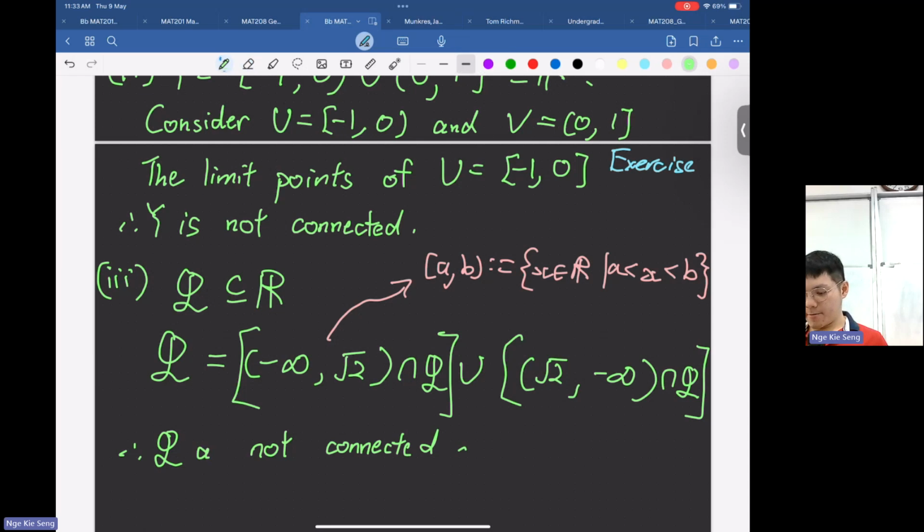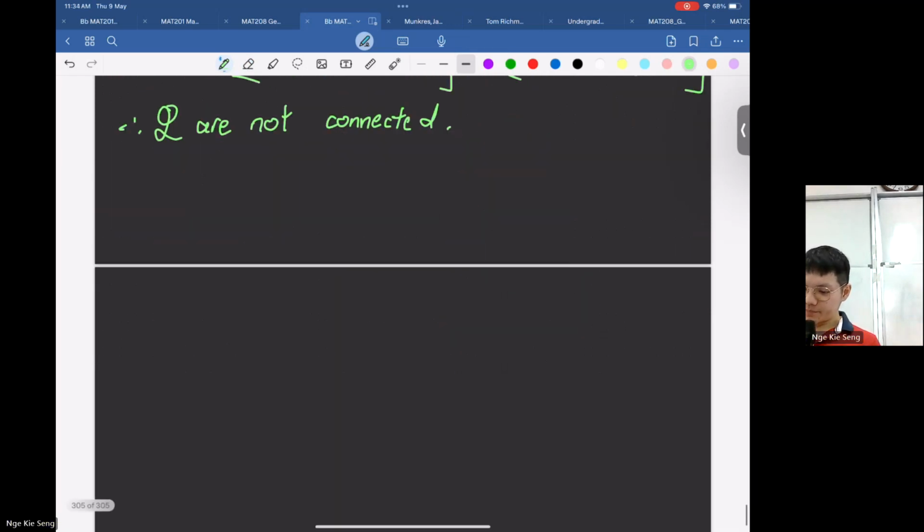Okay, but a surprising fact is that Q is not connected but it's still dense. Very weird phenomenon. The real line is very weird.